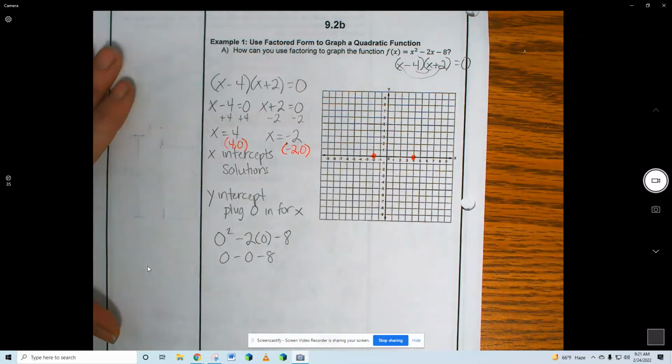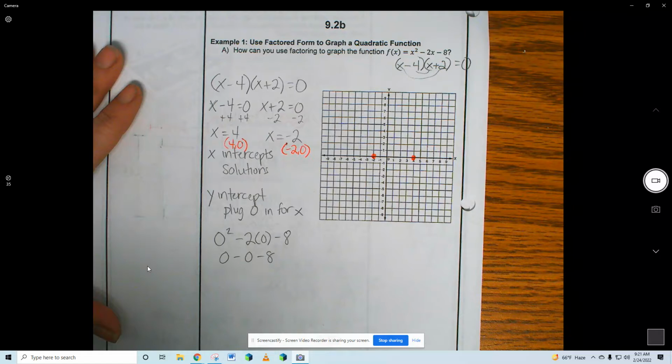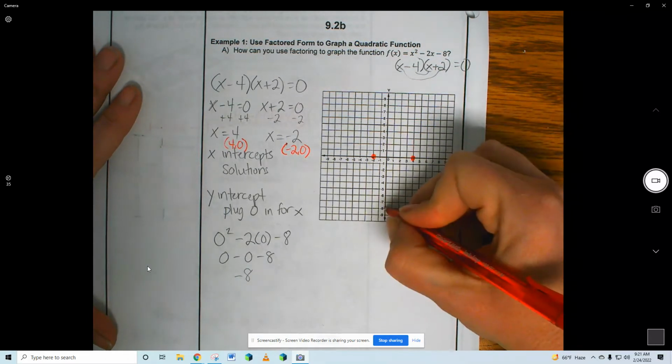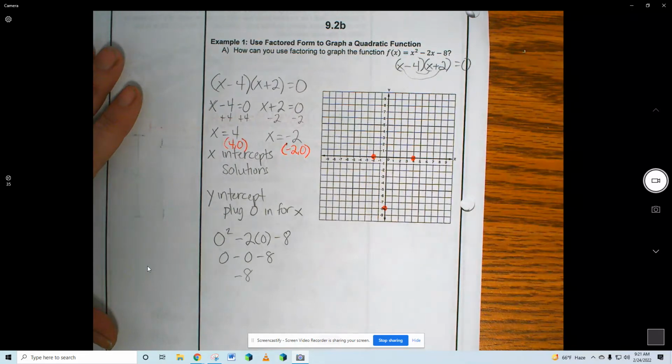What's my y-intercept then? Negative 8. So I could mark that, but that's not my vertex.